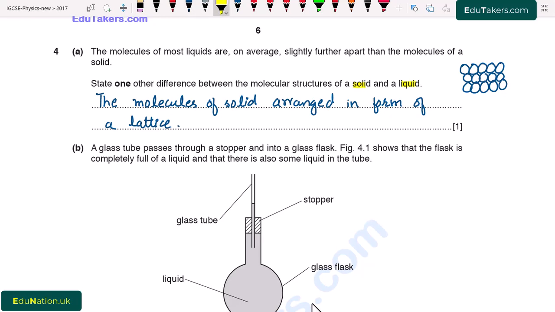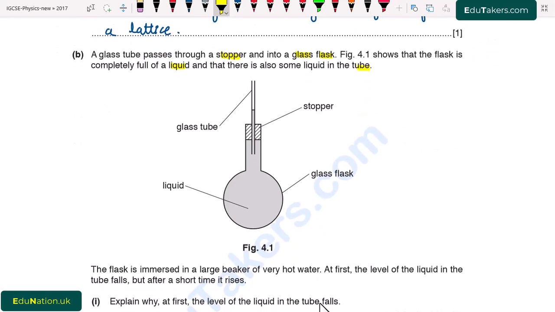Part B. A glass tube passes through a stopper and into a glass flask. Figure 4.1 shows that the flask is completely full of liquid and that there is also some liquid in the tube. So here is a figure 4.1. We can see that there is a glass flask that is filled with the liquid.